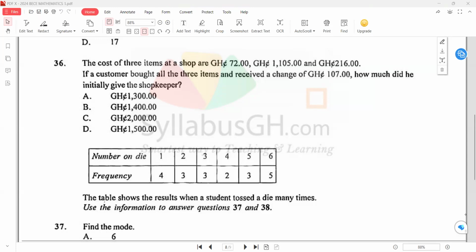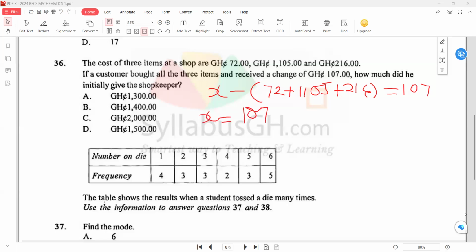you know the change. So let's say X is the amount the customer gave, and the total cost is 72, 1105, 216. And that should give us our 107. So our X should practically be 107, plus 72, plus 1105, plus 216.